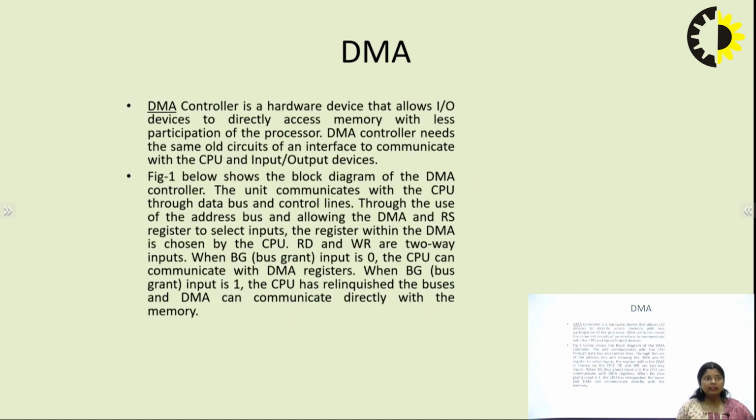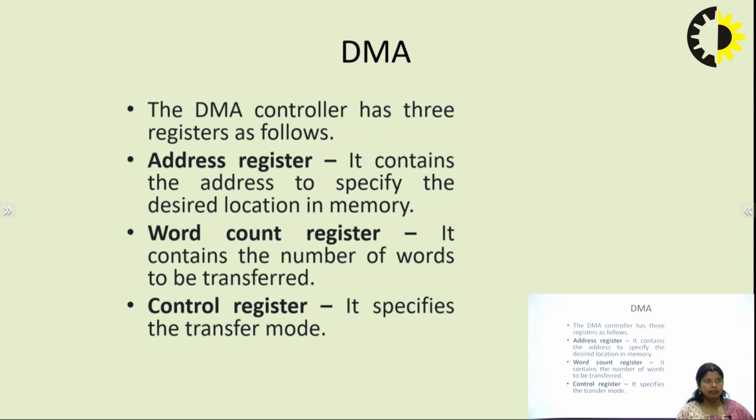So we can say the DMA controller is a hardware device that allows the IO device to directly access the memory with less participation of the processor, or zero participation, because at that time the CPU will be in the high impedance state. There are 3 registers: the address register, word count register and control register.